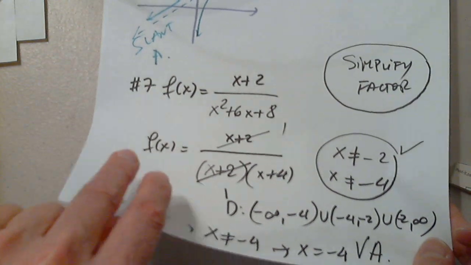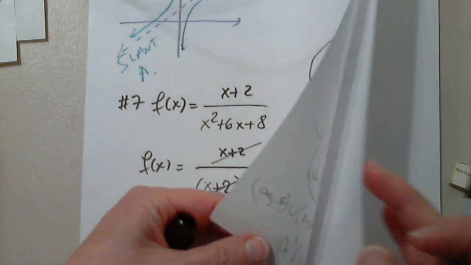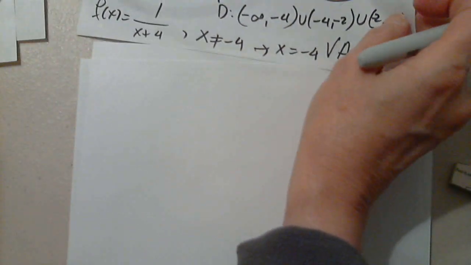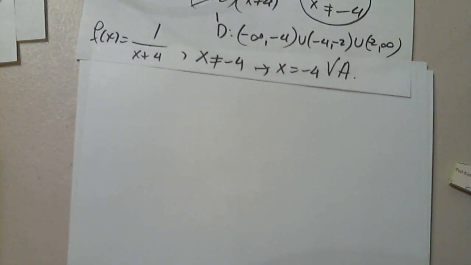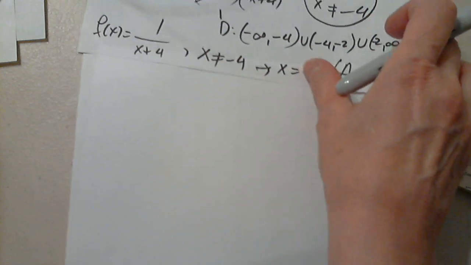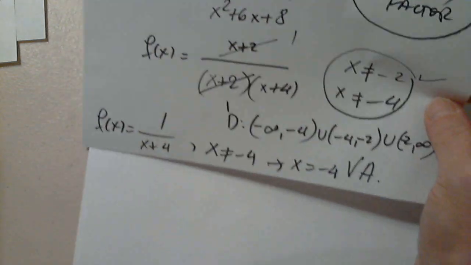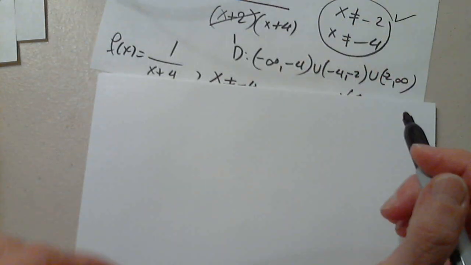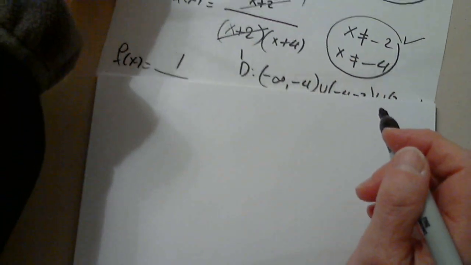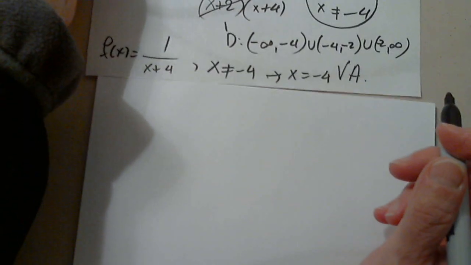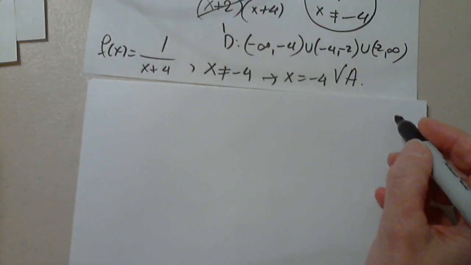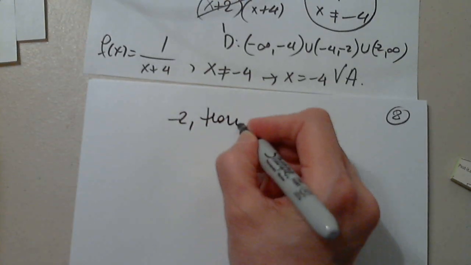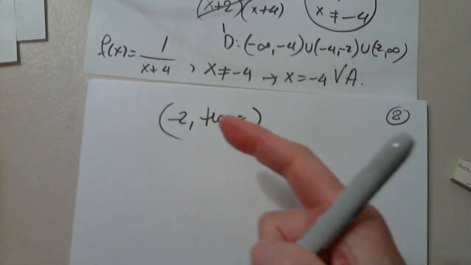The function is still not defined there. Even if the factor disappeared, it's still not defined. What happens at that point? Yes! At negative 2 there is a hole.